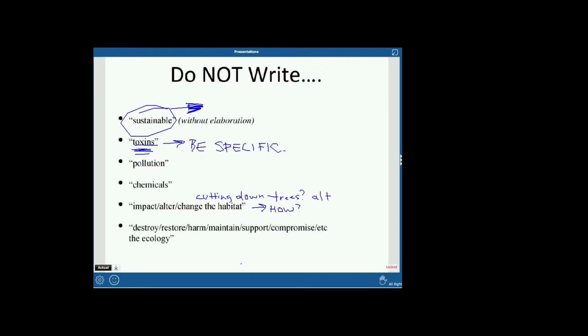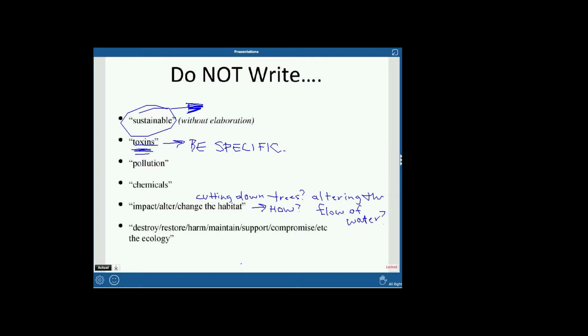Are you altering the flow of water? What are you doing? In some mining questions I've seen people just say mining changes the habitat. How? Or this destroys the ecology.